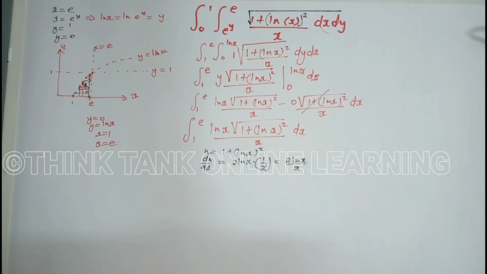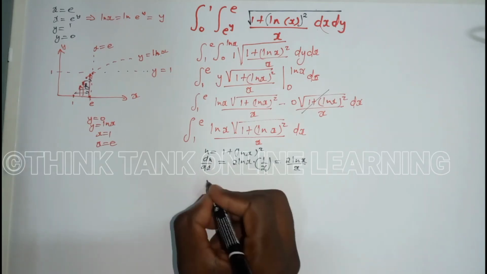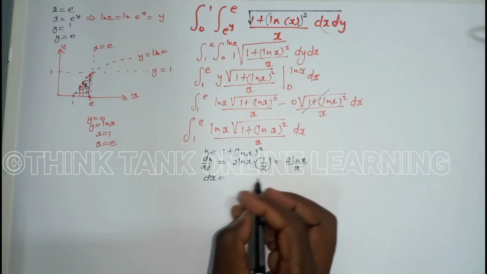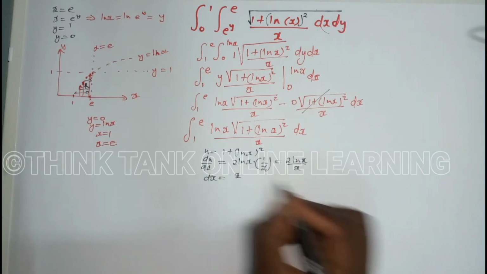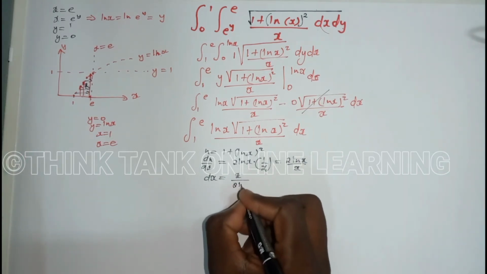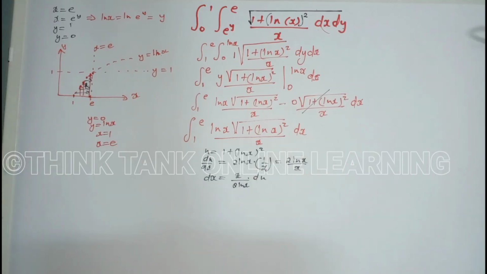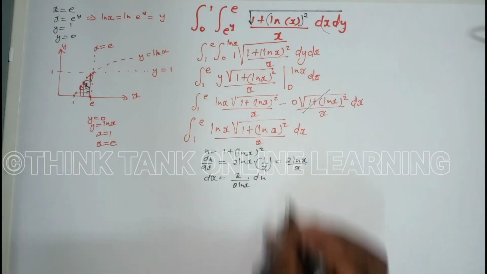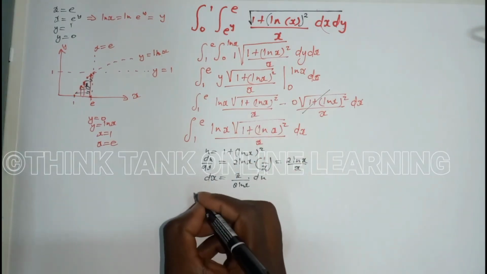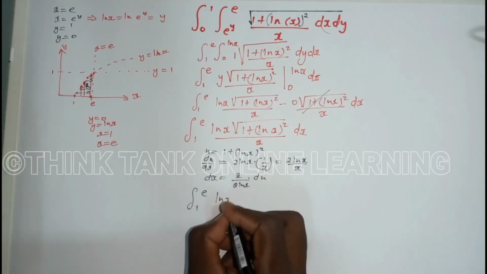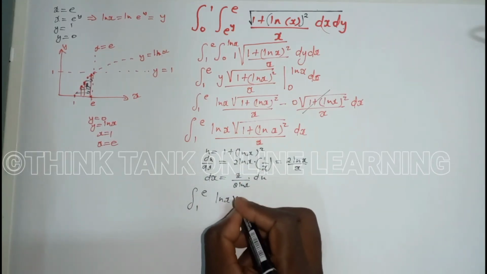Now we have to make dx the subject of the formula, and if we do that, we see that dx is equal to x divided by 2 ln x du. That is very good. Now we're going back to the integral. We still have these limits, we don't want to change them, and we're going to have ln x and the square root.